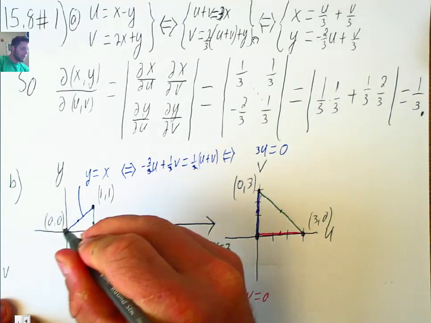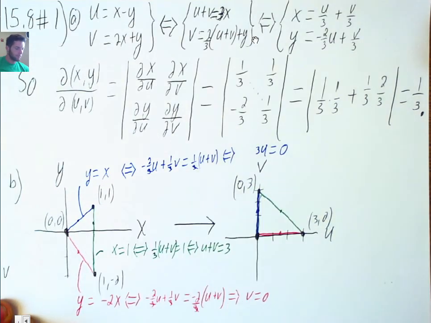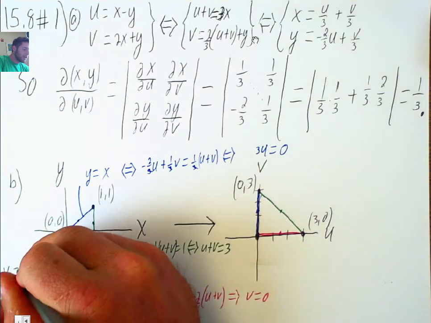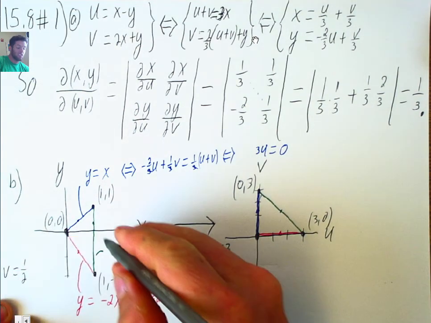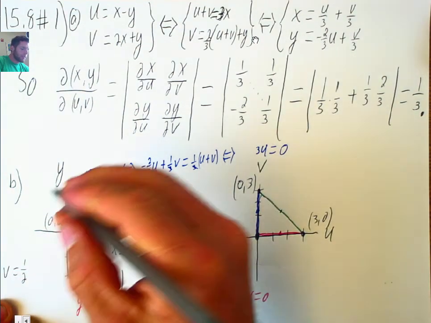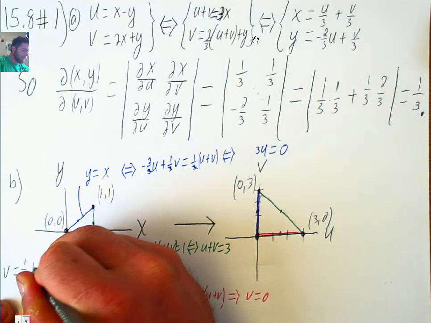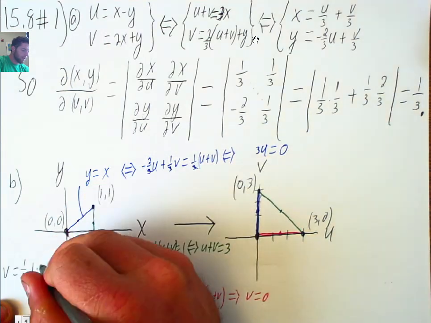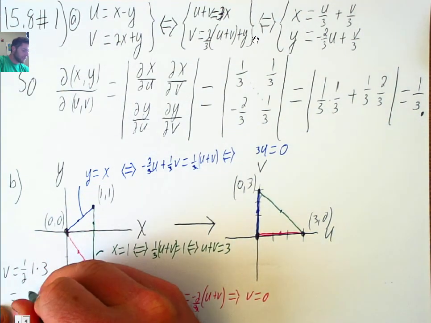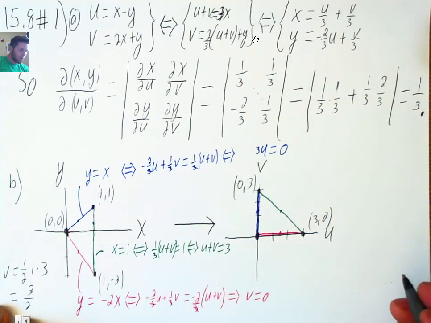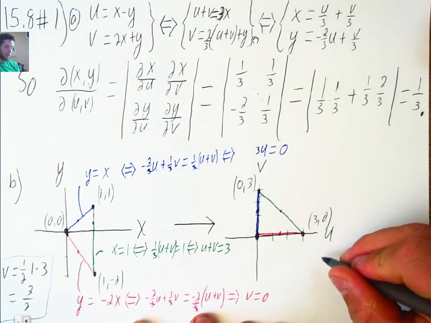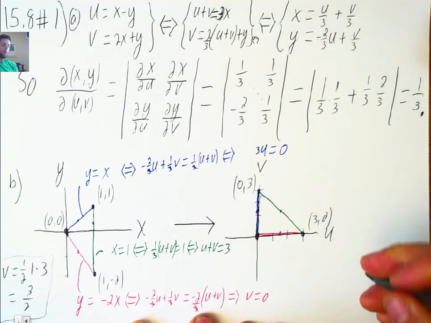And I just want to quickly look at something with you. The volume of this thing is 1/2 base times height. Since it's a triangle, its width certainly is 1, right, from there to there, and its height is from -2 up to 1, which is 3. So that is 3/2. Well, the volume over here is going to be different, and it's going to be different by that factor.